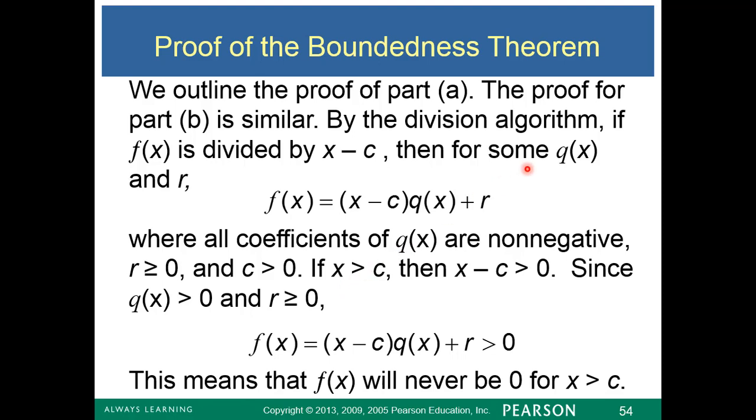By the division algorithm, f of x divided by x minus c gives, for some q and some r, f of x equals x minus c times q of x plus r. Here all coefficients of q of x are non-negative, r is greater than or equal to 0, and c is positive. So this is our setup.